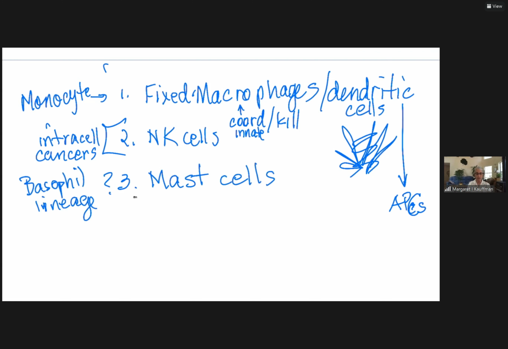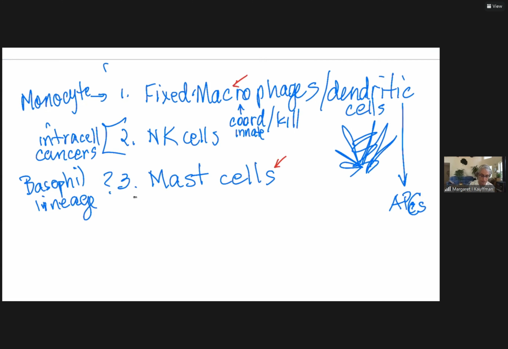So mast cells are the two that we're going to be kind of focused on, and the book does, as well as the ones residing and battling any kind of extracellular, or for that matter, viruses too, they can battle, would be these macrophages and these mast cells being triggered.